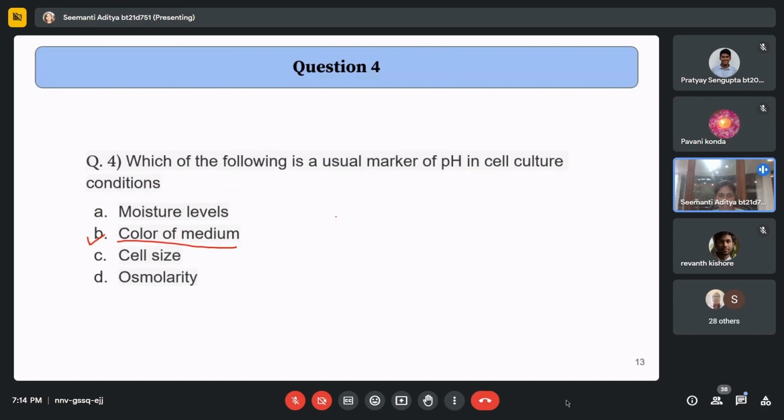So the red media will turn yellow, and that is usually the marker that the pH has gone down, and we need to change the media and replenish with new media. Moisture levels are not an indicator. Cell size, no. Osmolarity, also no. The correct answer is option B.